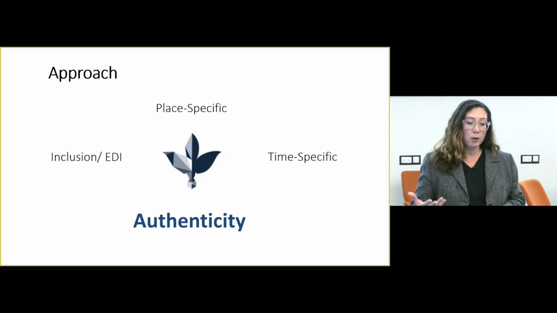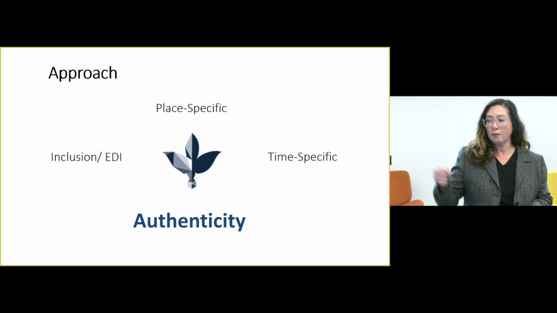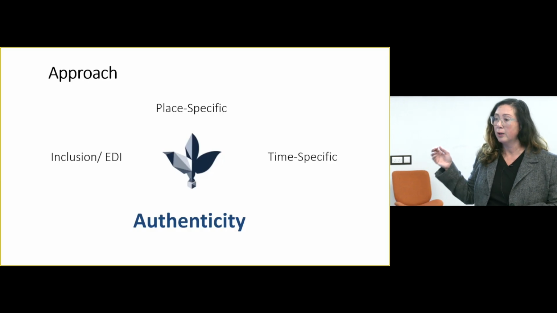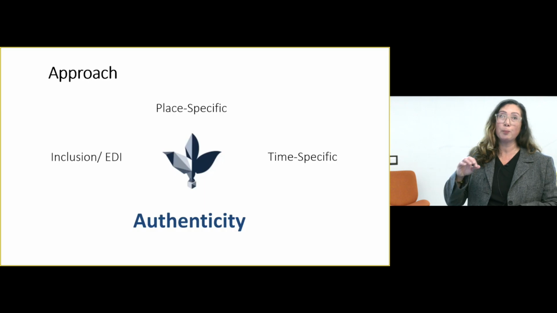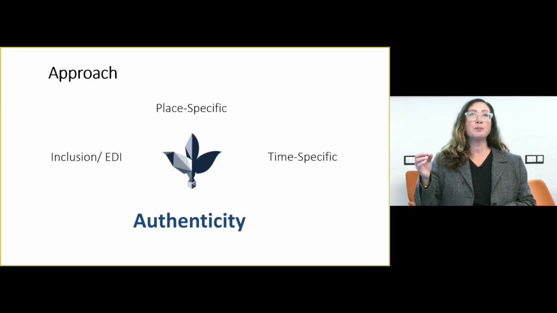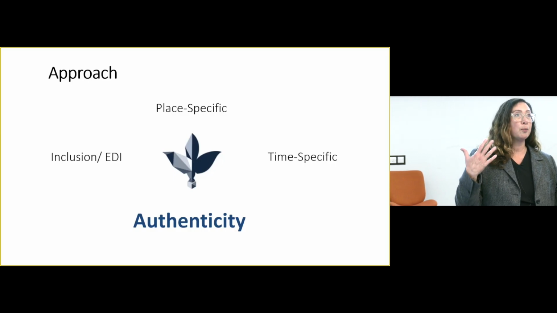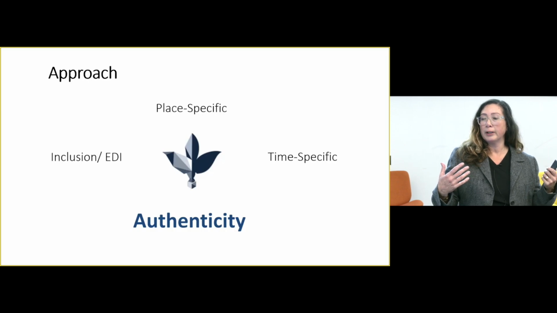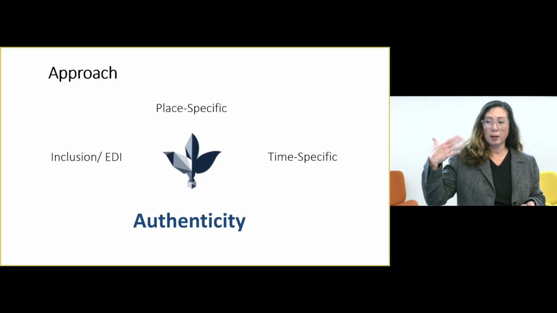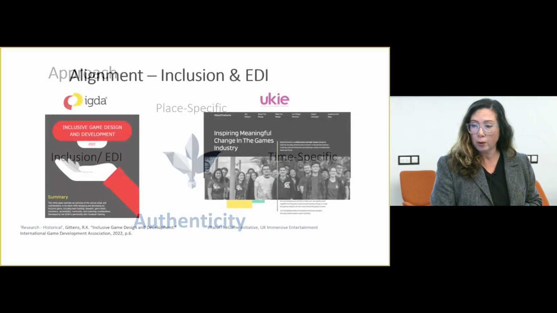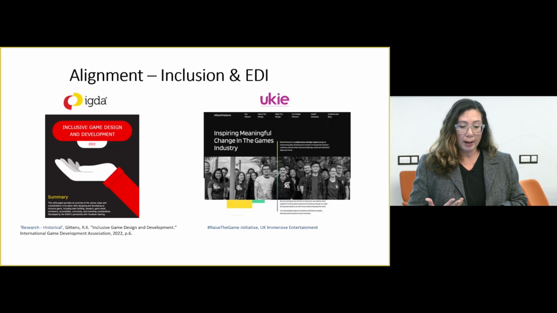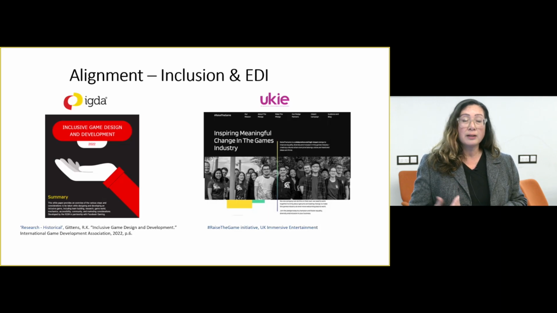It guides how we approached training the development teams at Ubisoft, and it's really the same way that I approach my work as an art historian, which is to strive for authenticity through being very specific about chronology and geography, so place-specific and time-specific, but also approaching topics in a way that foregrounds questions of equity, diversity, and inclusion, through a post-colonial lens and an interest in decolonization work. So when I say we approach our framework to support authenticity, I'm talking about an academically rigorous and post-colonial studies informed approach that also aligns with industry guidance on historical research in game development.